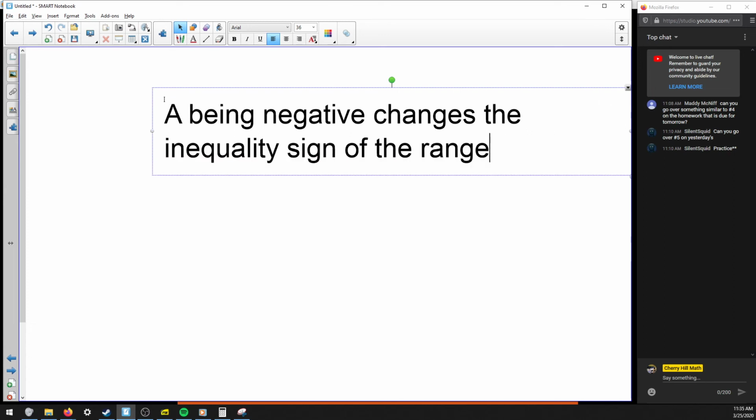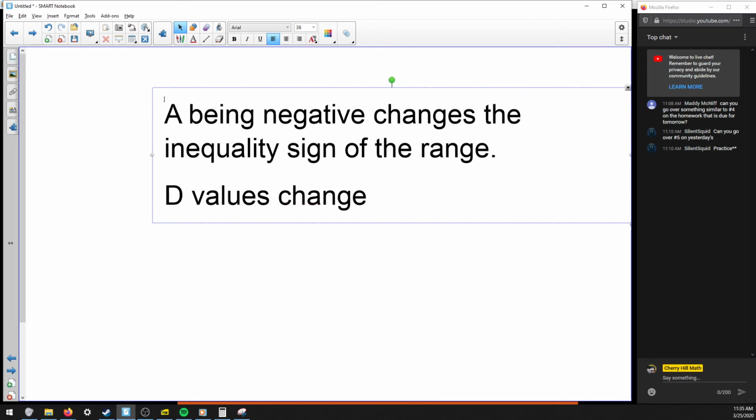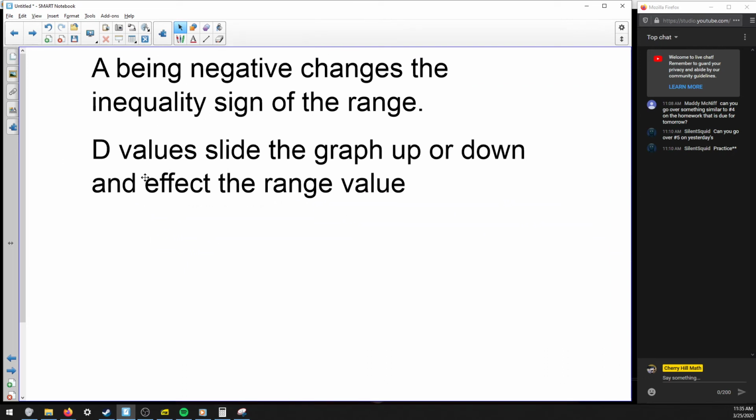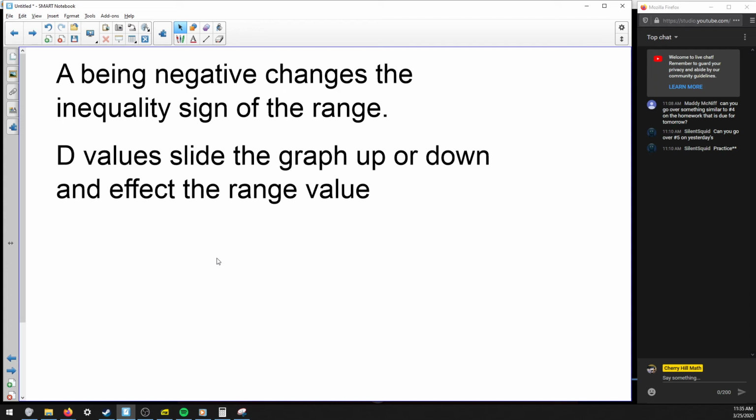So it'll go from being greater than or equal to being less than or equal to, okay? We'll say d values slide the graph up or down, and affect the range value, right, the number itself, okay? So that's what A and D do, okay?